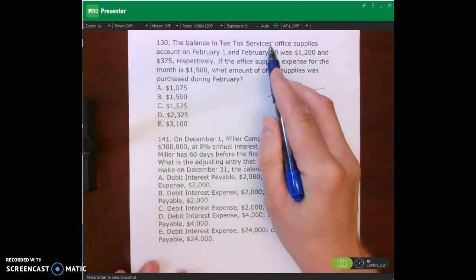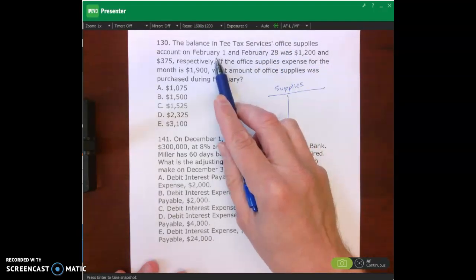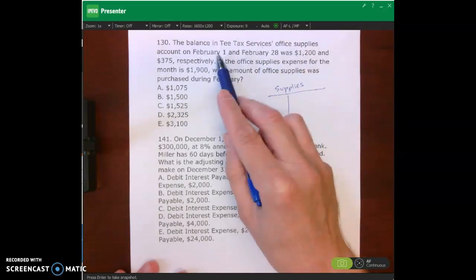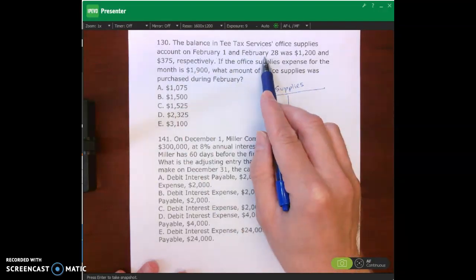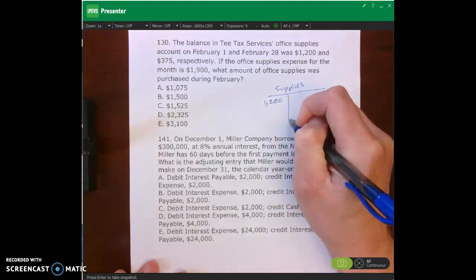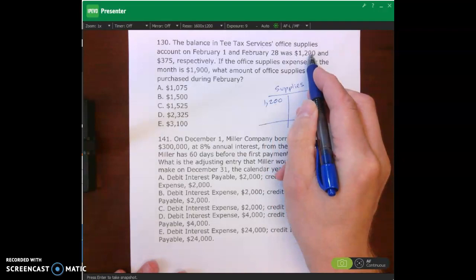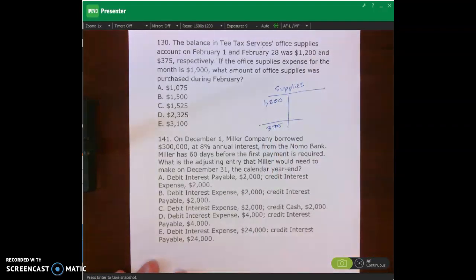It says the balance in T Tax Services office supplies on February 1st was $1,200, and $375 on February 28th. Okay, so I'm going to put that, remember, T accounts, debits on the left, credits on the right. This is a debit balance. How do I know that? It's because it's an asset. I got $375 at the ending, so I draw my line, then I have my ending down there.